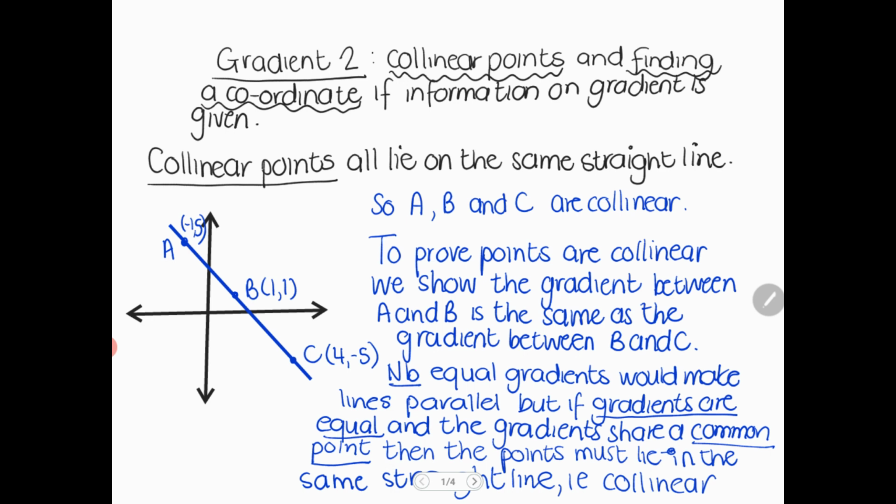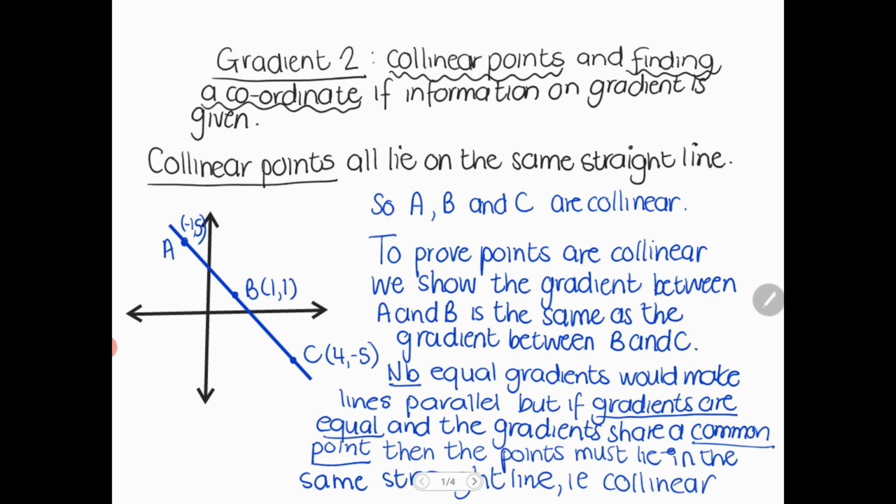To prove that 3 points are collinear, we take the gradient between two of the points and calculate it, and then take the gradient between the next 2 points and calculate it. If those gradients are equal to each other, then the points are collinear. We know from yesterday that equal gradients would make lines parallel.